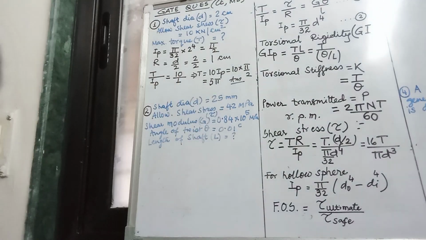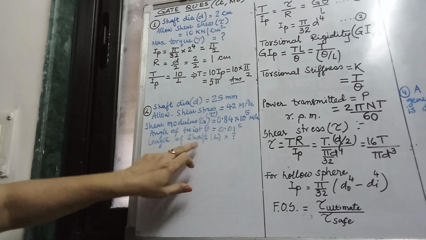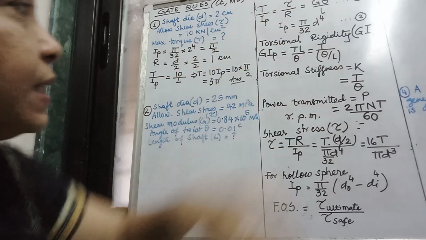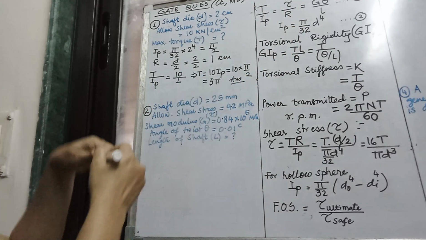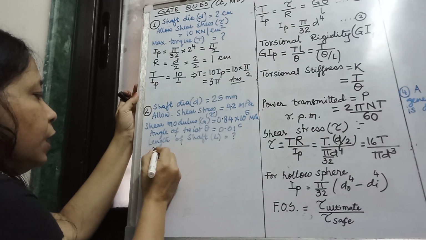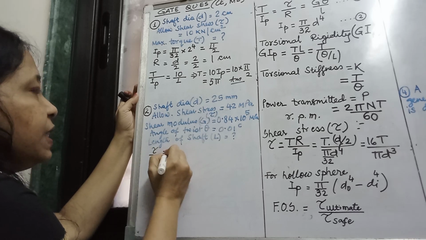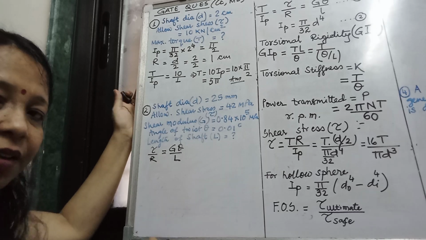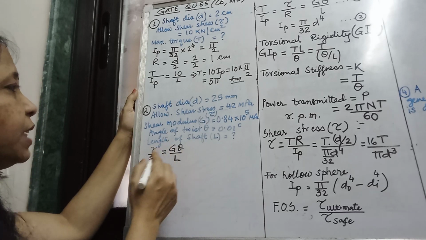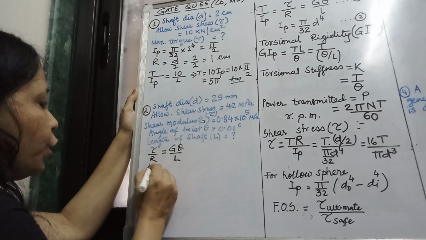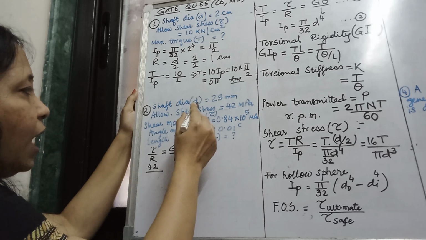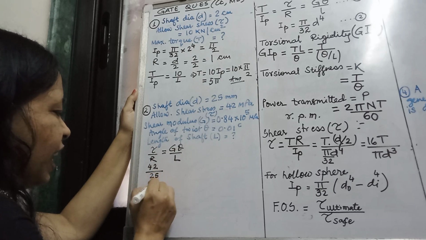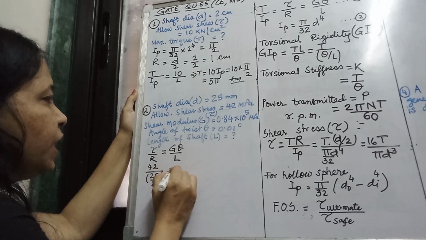Okay. Now see how we do it. Now for this, which formulas do we have to take? This and this. Second and third. So tau by r is equal to G theta by L. This we have to take, right? So what is tau? Tau is given as 42. What is r? Radius is equal to diameter by 2, so 25 by 2.